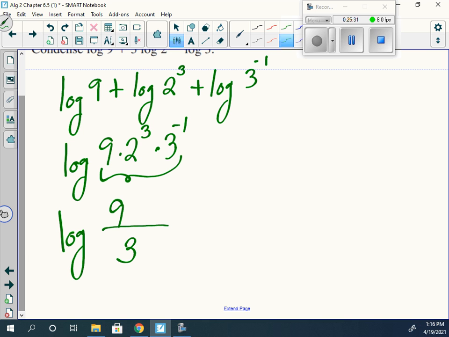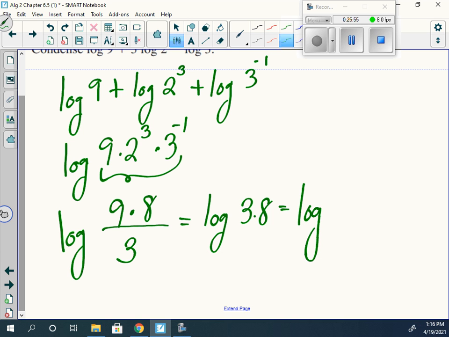And on top we would have 9 times, well, 2 to the third is 8. Are we good with this here so far? Well, will 9 divide by 3 evenly? Oh yes, 9 divided by 3 is 3. So we'd have log of 3 times 8. Well, 3 times 8 is?